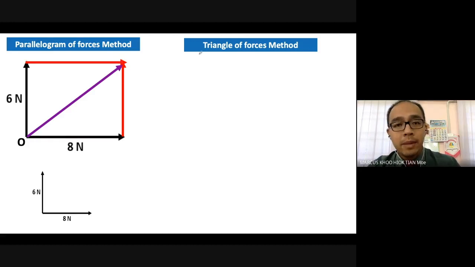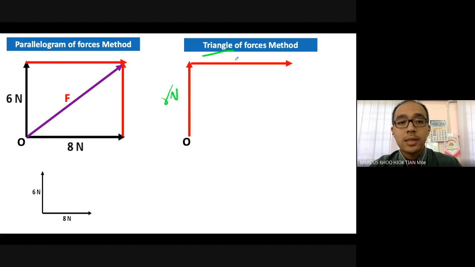The second method is called a triangle of forces, where you start with the 6 newton over here, then you connect. The two forces, the 6 newton and the 8 newton, are connected, and then after that you complete the triangle to find the resultant force.